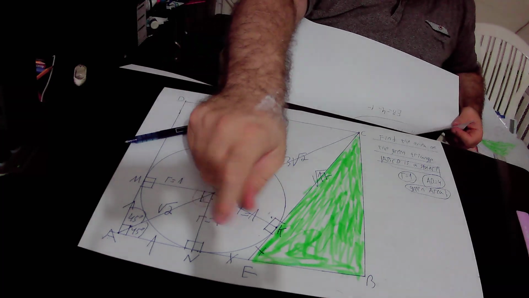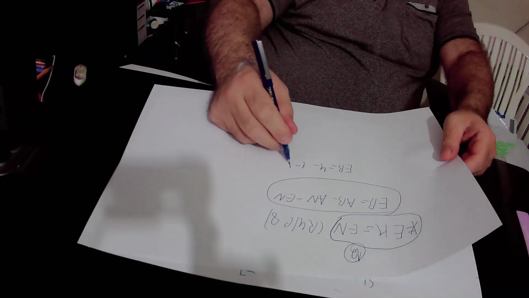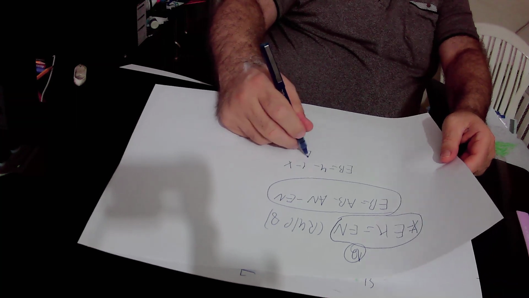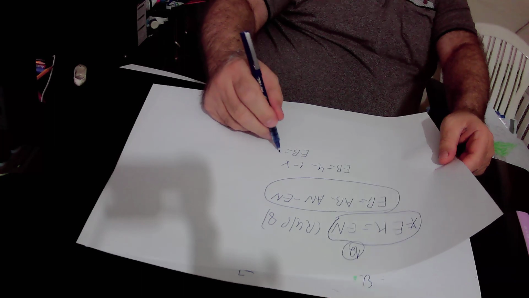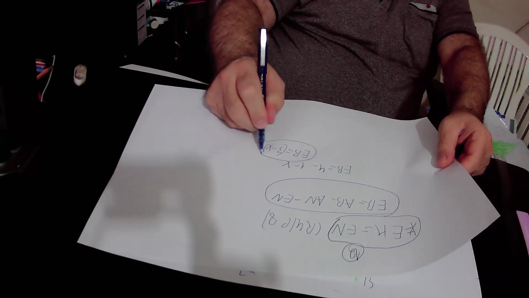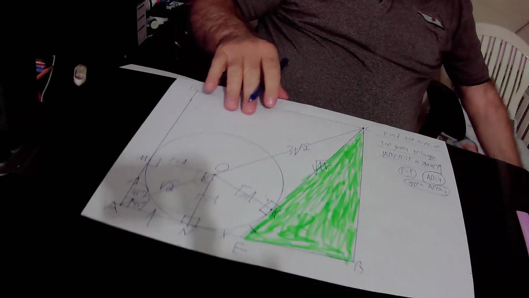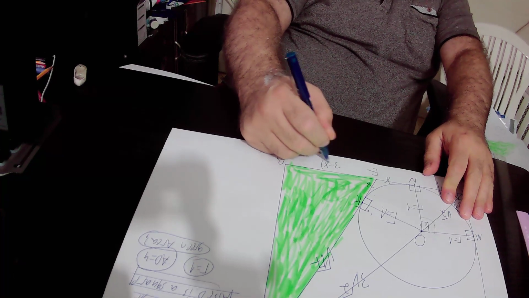EN equals x according to our definition. So in total we found out that EB equals 4 minus 1, which is 3, minus x. So EB equals 3 minus x. We can write here that EB equals 3 minus x.